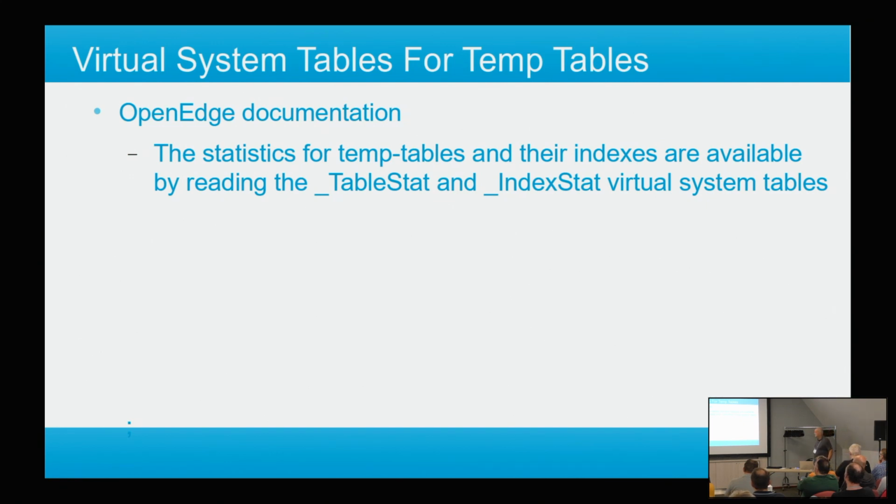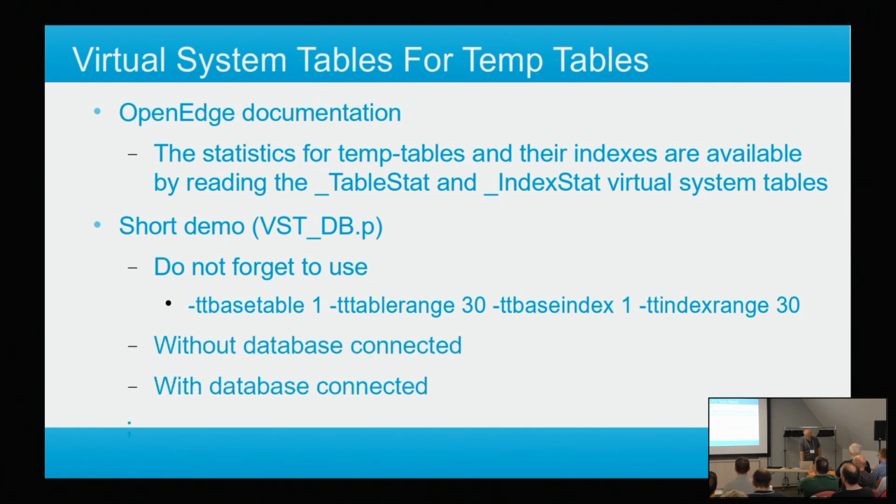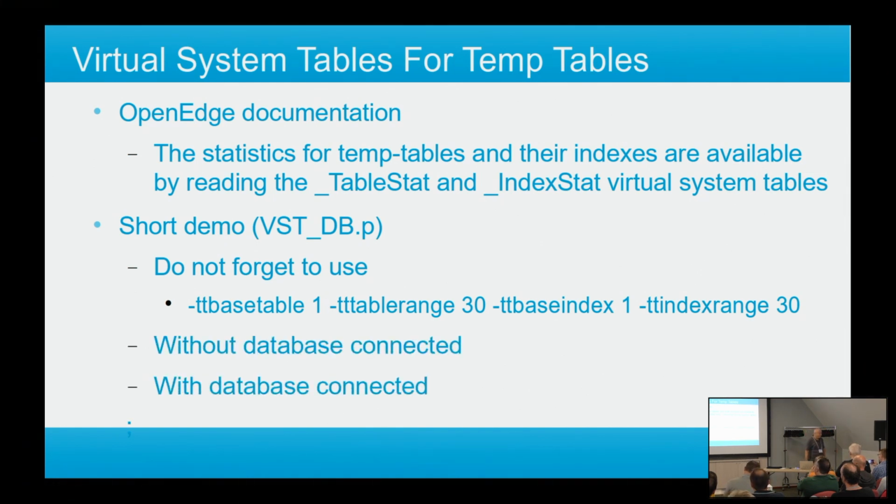Yes, that's the documentation, but the reality is a little bit different. It's not so easy, as we will see in a short demo I will show later. It depends on whether you have a database connected or not, but it doesn't work in any case. Only the behavior is different.